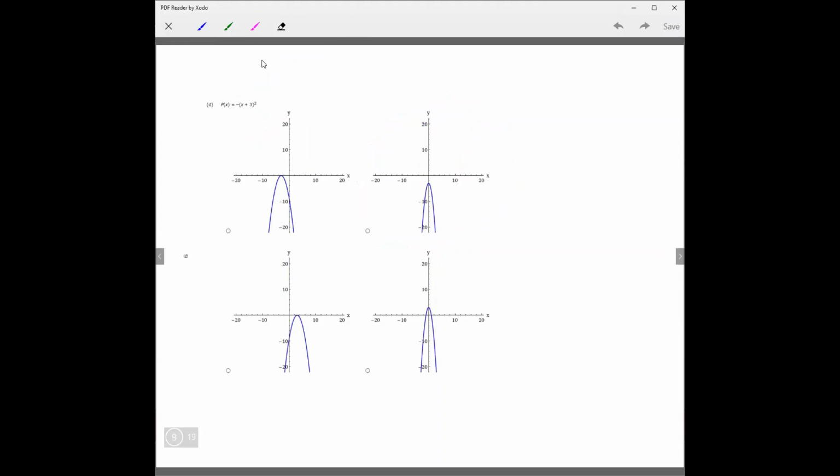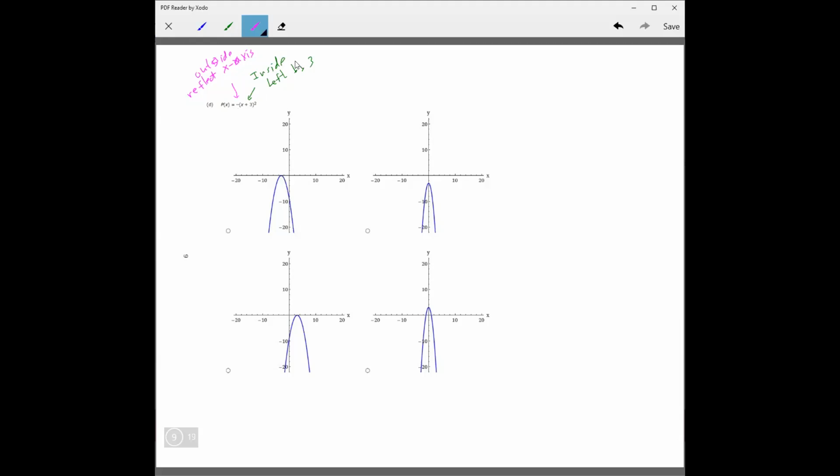Okay, this one right here, you have two things going on. You've got this plus 3, that's inside, so that's going to move you to the left by 3. And then over here, this is outside, so that's a vertical reflection, which means it's reflected through the x-axis.